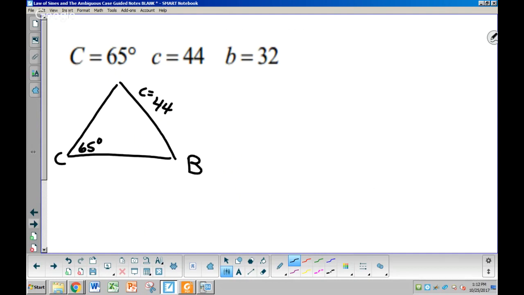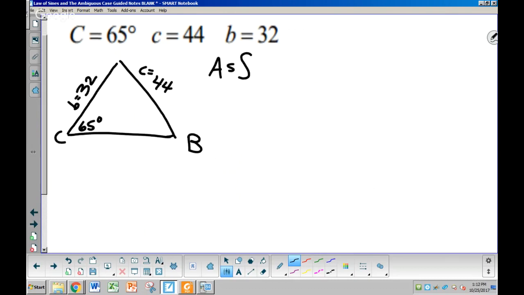So we'll put it below, so this is 32 here. So we have angle, little side, big side, right? So this is a little ass problem. So it's not ambiguous.